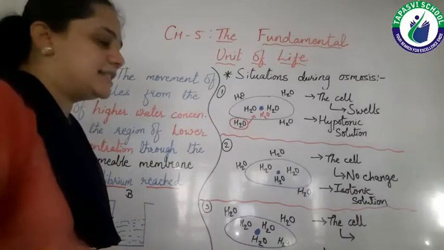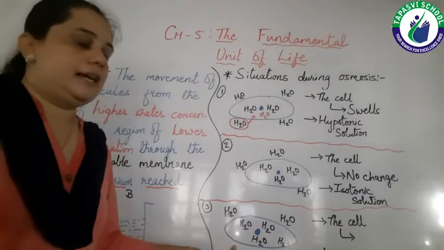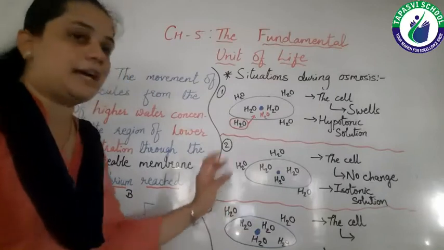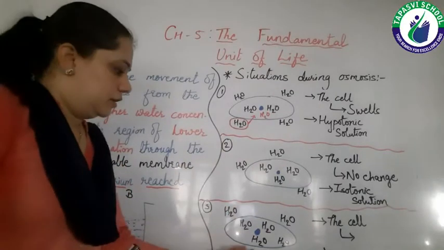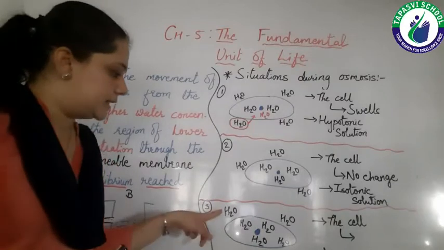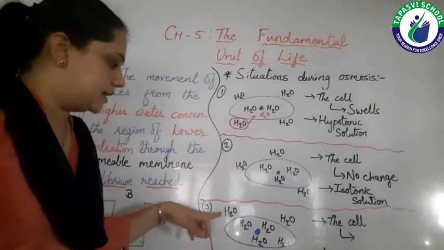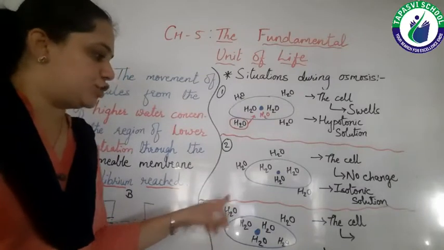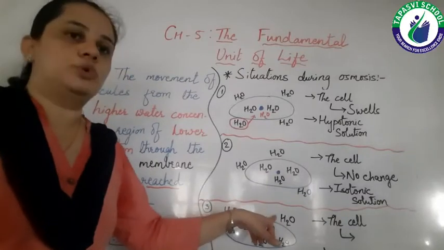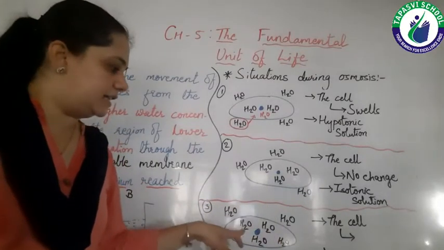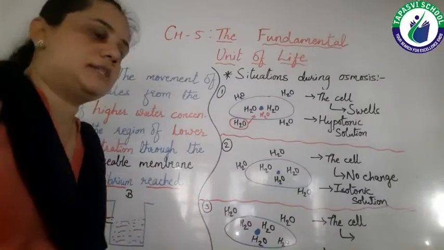Okay, the last one is this situation in which you can see here we are placing the cell in a solution which has lower water concentration. Means here the H2O, water molecules you can see here are 2, and inside the cell there are 4 water molecules. So what happens?